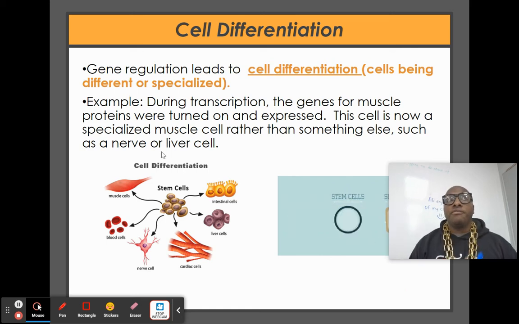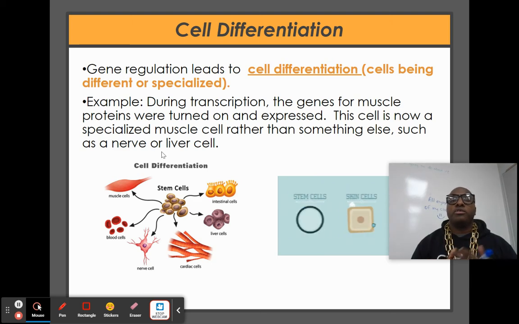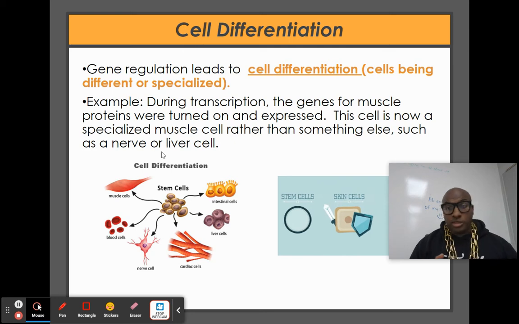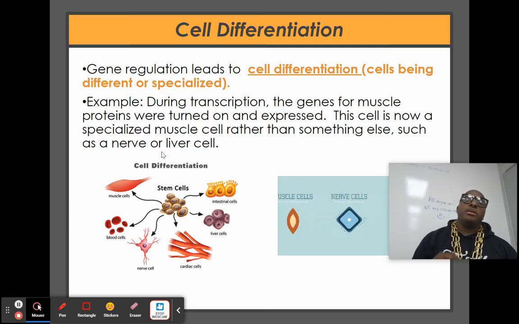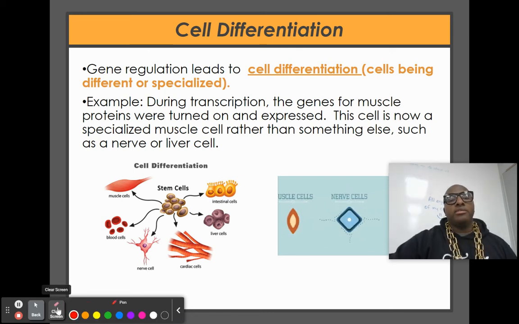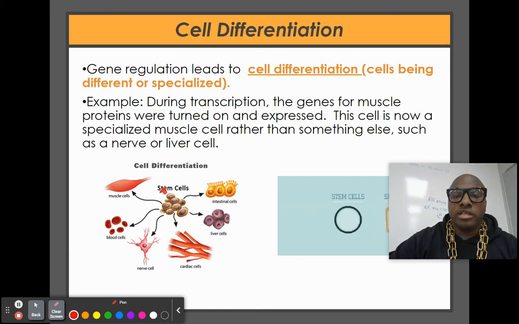Cell differentiation, right? This is when we talk about cells being different or specialized. During transcription, because we just went over that's when gene regulation happens, and cell differentiation is just another part of gene regulation. Your cells start out as stem cells. Depending on the code that they get determines what type of cell they're going to turn into.